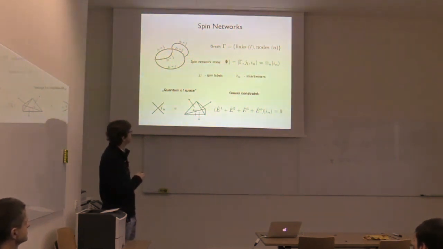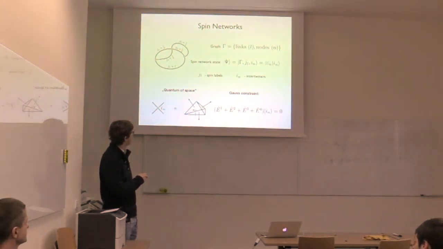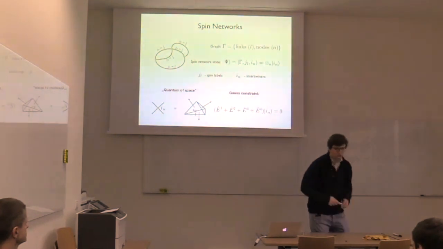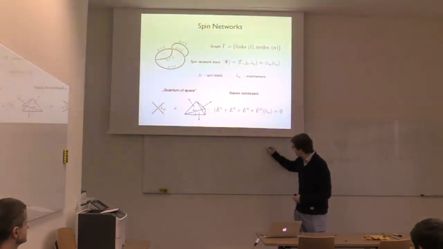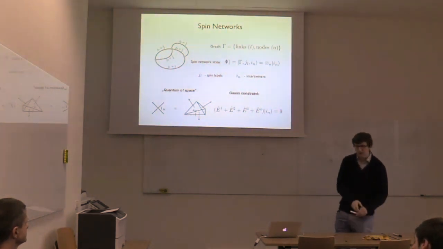And then there is an important geometrical interpretation. Namely, if you have a 4-valent node, this 4-valent node is considered as a dual graph to the tetrahedron. If you have, on the other hand, a 3-valent node, the 3-valent node is dual to a 2-dimensional triangle.